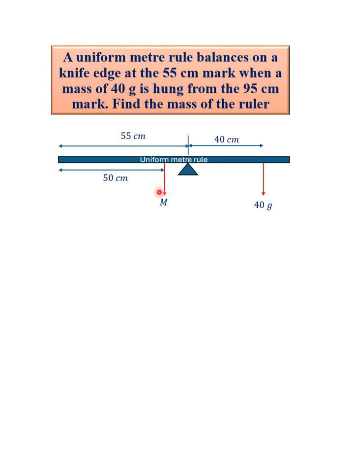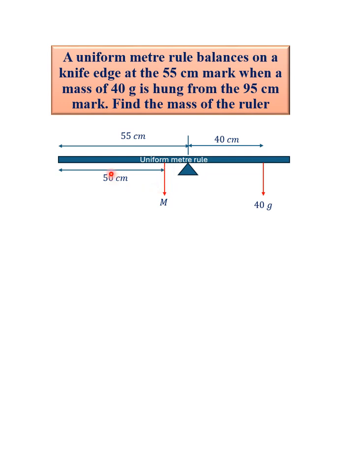That is because it is at the center of gravity that the entire mass of the ruler appears to be concentrated. So the mass m should be acting at the 50 centimeter mark, which is the center of the meter rule. And of course, the meter rule is uniform, so it should correctly be the center of gravity.